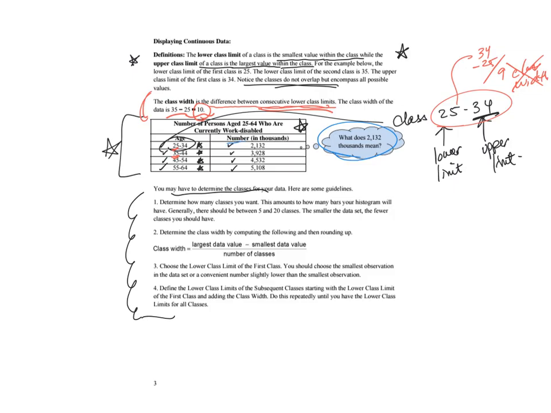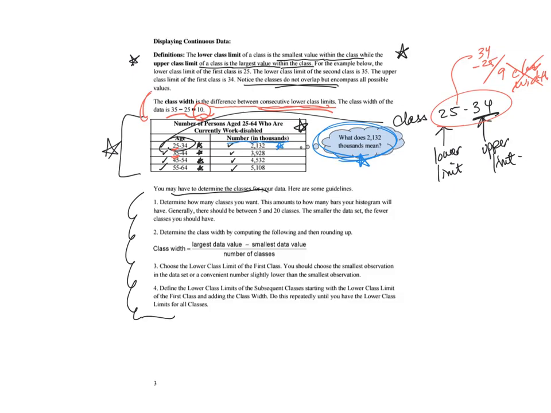It tells me this is the number in thousands. So for instance, this 2,132 is not 2,132 people, it's 2,132 thousands of people. Well, what does that mean? Pause me down.